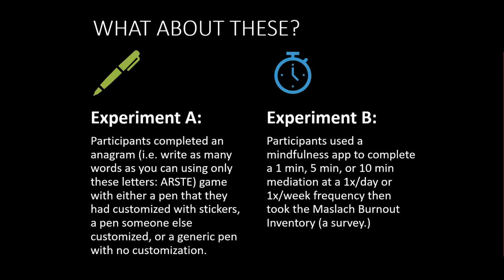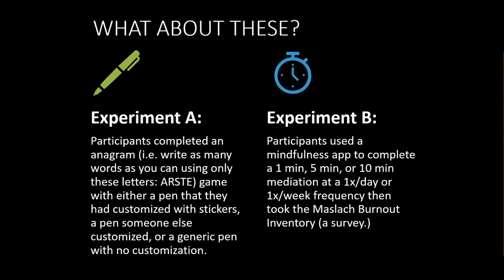So let's see, what about these? I've got 2 examples here, and I want us to figure out what experimental designs each of these is. So the first one is, we're going to go with experiment A first. Participants completed an anagram. That's when you get a string of letters and someone asks you, how many words can you make out of this?